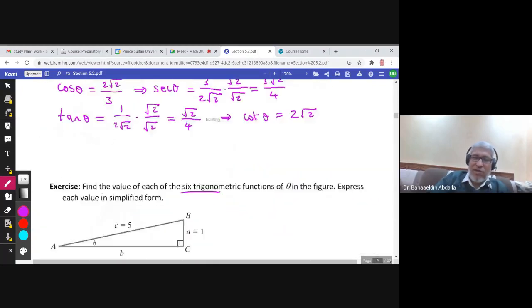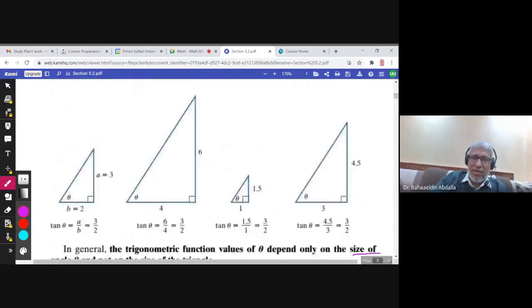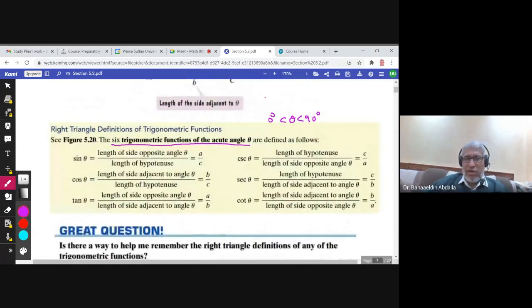If we go back to the definition here, look at tan. What is tan? A over b. What is a over b actually? It is sine over cosine. If you divide sine by cosine, you have a over c, which is sine, divided by b over c, which is cosine. What do you do when you divide fractions?